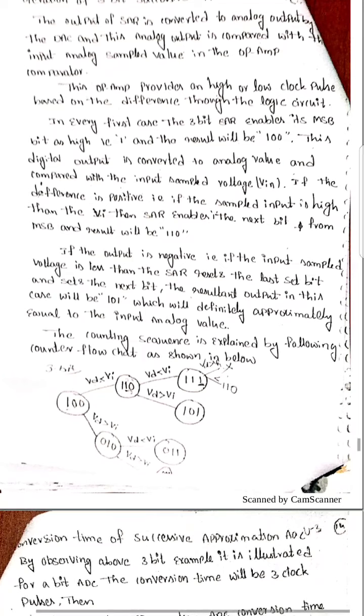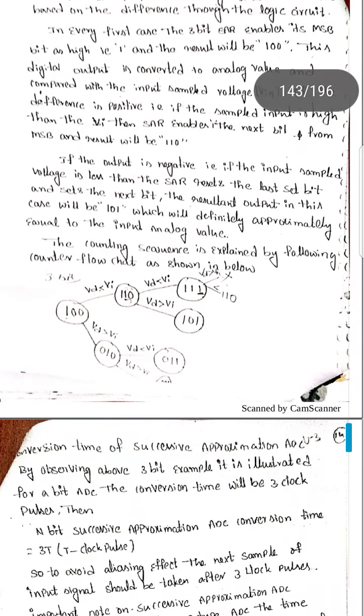If the output is negative, that is, if the input sampled voltage is less, the SAR resets the last set bit and sets the next bit. The resultant output in this case will be 101, which is approximately equal to the input analog value.